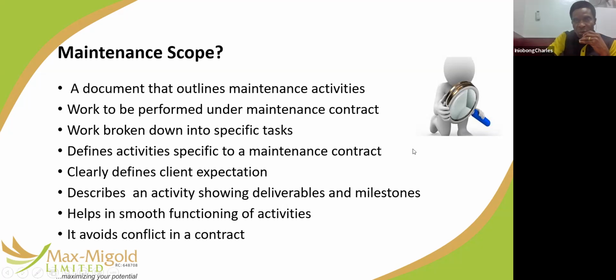Yes, you need a maintenance scope. Otherwise, there will be a breakdown in communication in terms of the content of the contract scope. When you have that maintenance scope, it defines what you need to do, your deliverables, the milestones, the activities, and all that.